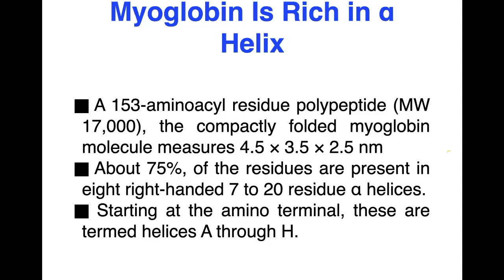Now, this is lifted verbatim from your textbook. Myoglobin is a polypeptide. You don't have to memorize the values, but this is what you have to remember. About 75% of the residues of myoglobin are present in 8 right-handed alpha helices. Now, don't forget, an alpha helix is actually an example of a secondary structure of protein.